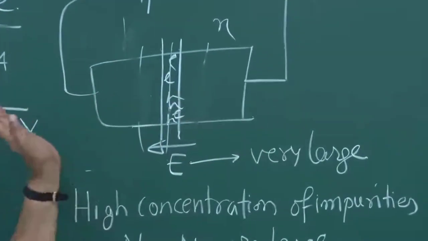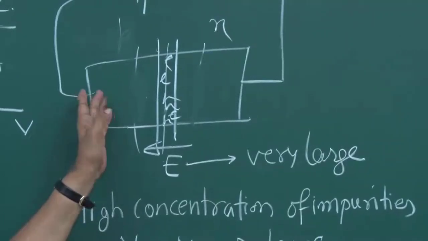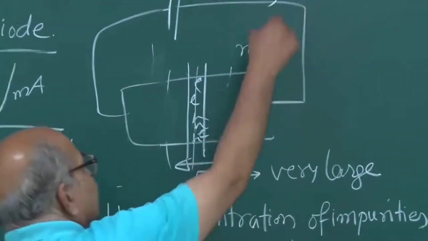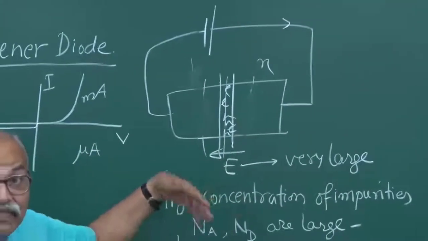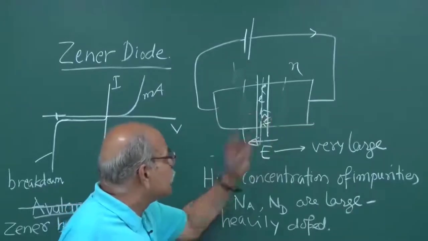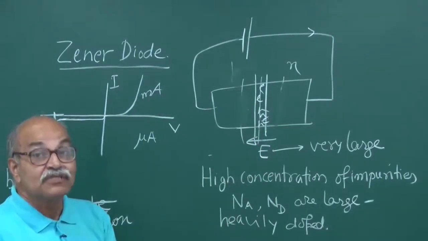The electrons go opposite to the field, holes go in the direction of the field, so the current goes in the conventional direction, and that current can be very, very high. But the potential difference across this diode remains almost fixed.